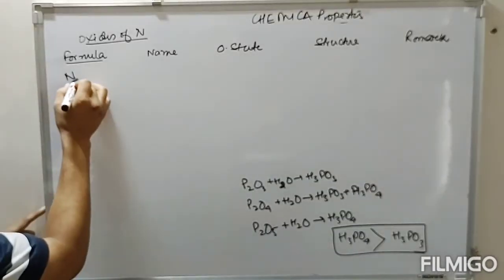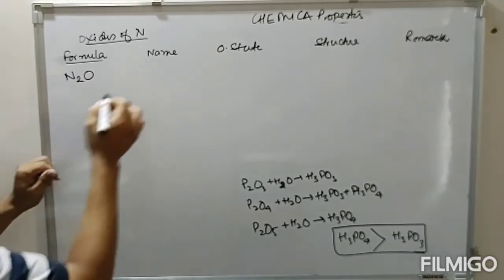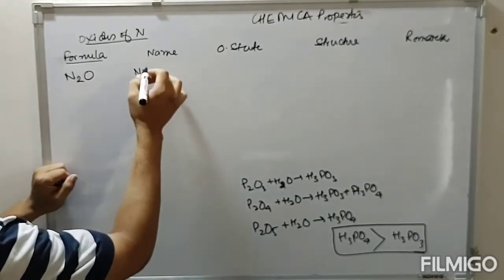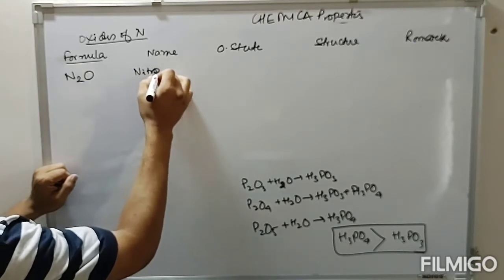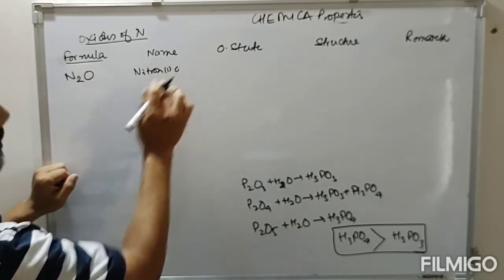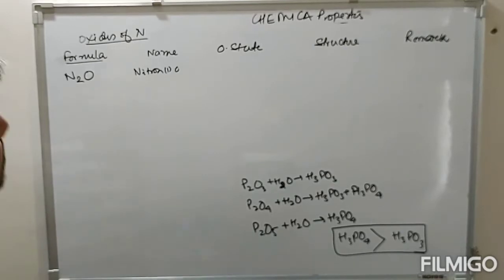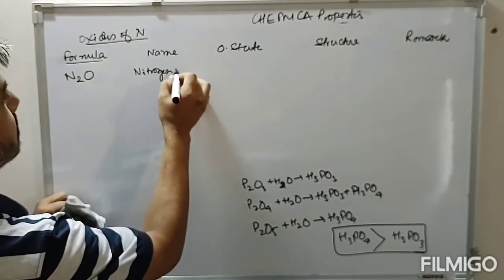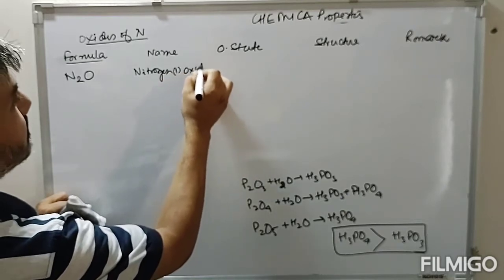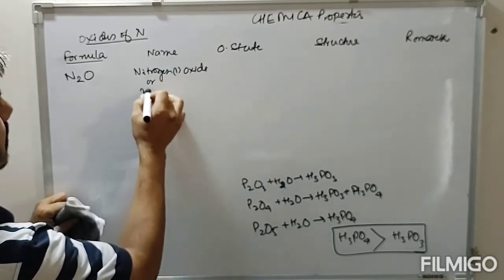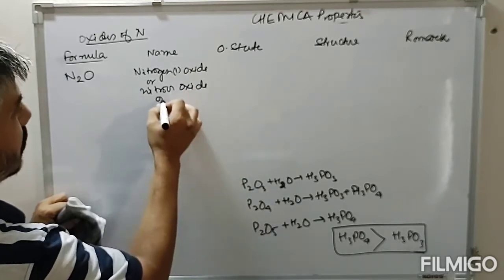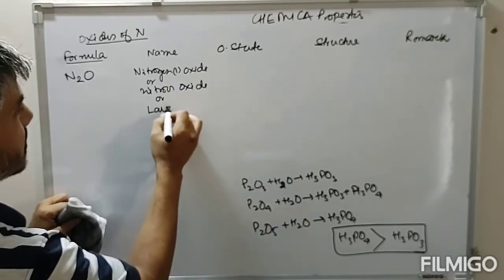So first one is N2O, name is known as nitrogen 1 oxide or nitrous oxide, or commonly known as laughing gas.